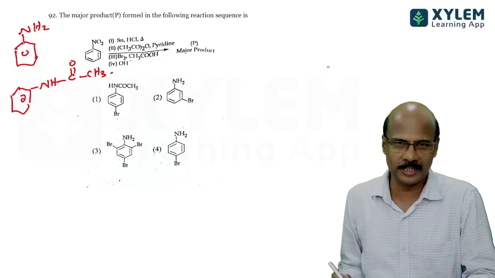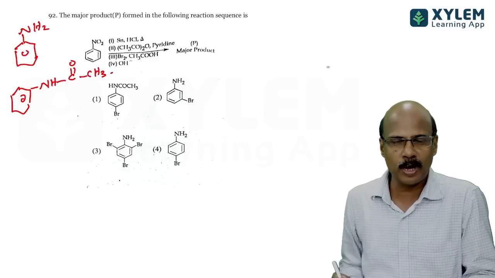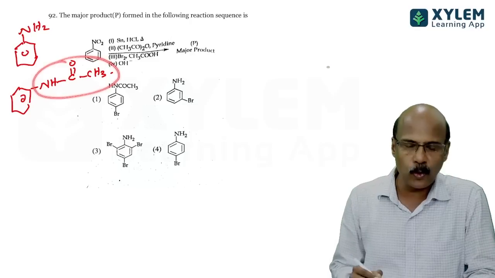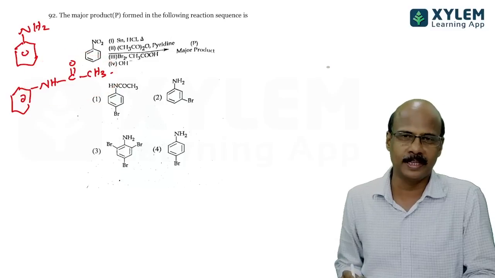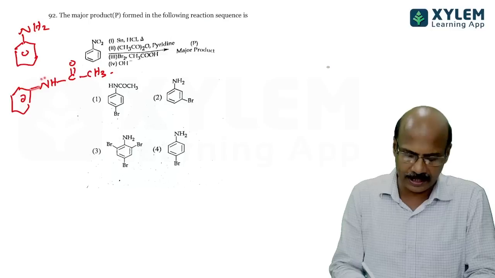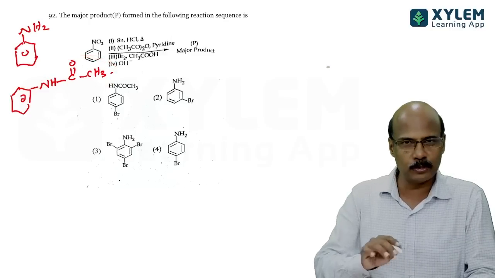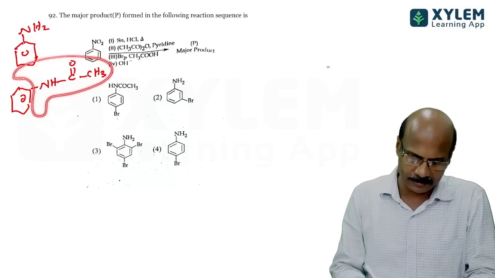Then it is brominated, bromine in acetic acid, so that you will get only one bromine attached. You know that this species is an ortho-para director. NHCOCH3 is necessarily ortho-para directing because the directly linked nitrogen carries a lone pair. But NHCOCH3 being such a bulky group, the ortho position is somewhat protected.